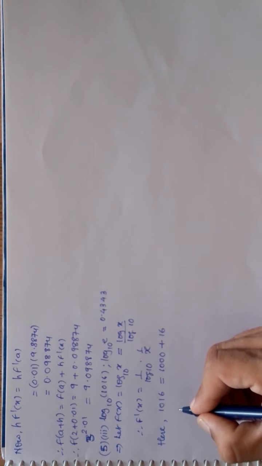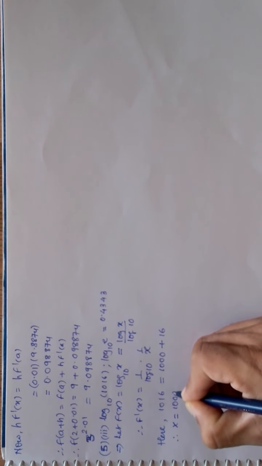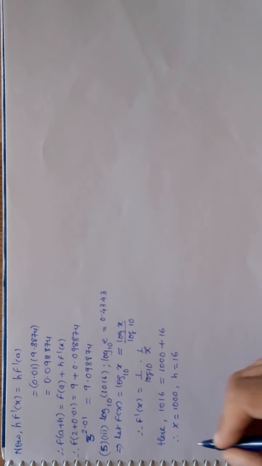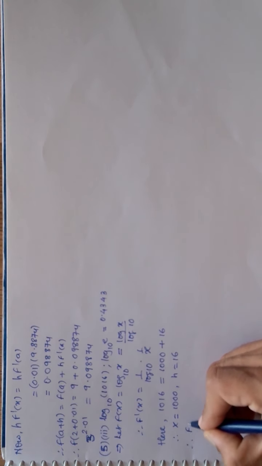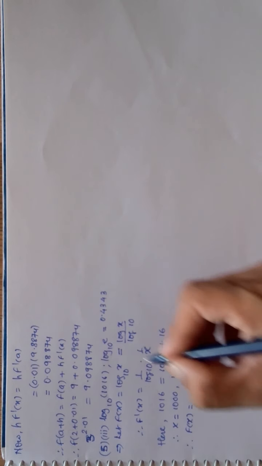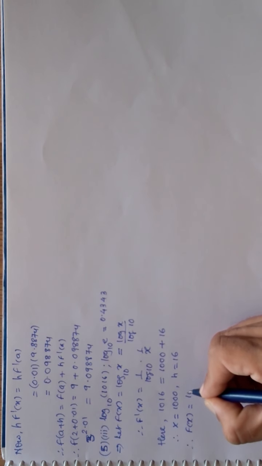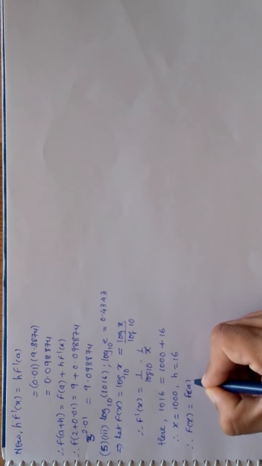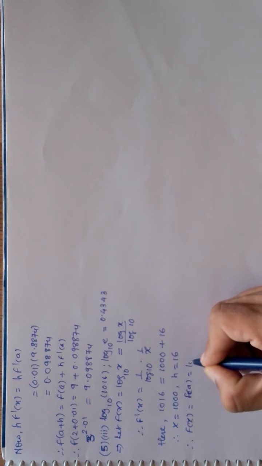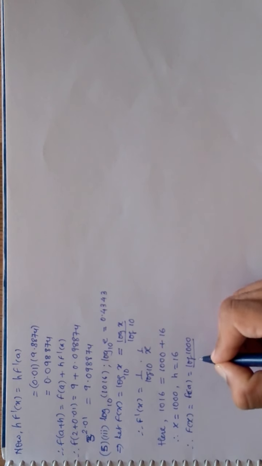So here x is 1000 and h is equal to 16. Therefore function of a is nothing but log of 1000 upon log 10.